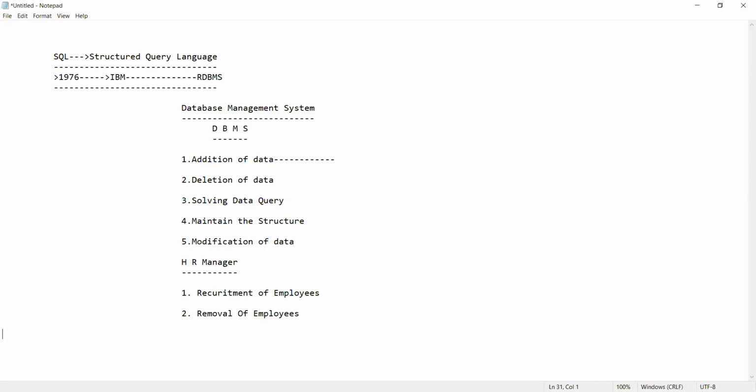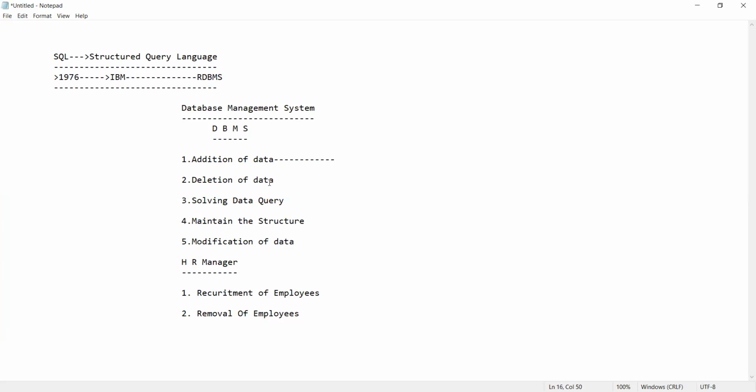The new employees are recruited for achieving the new task, for achieving the work they already have. So that is addition of data and recruitment of employees. Both are the same.